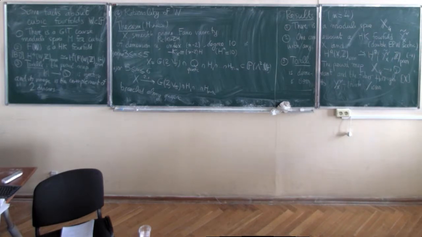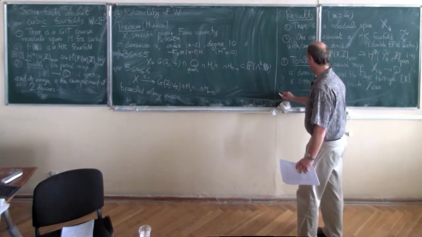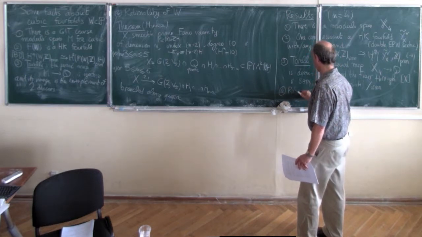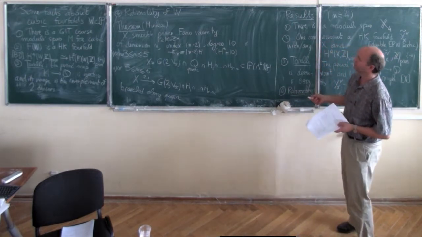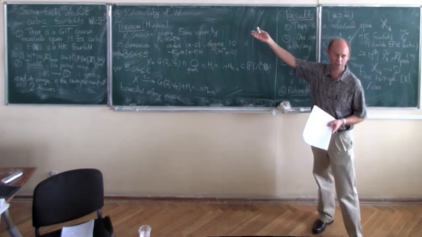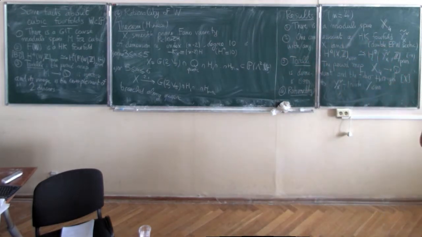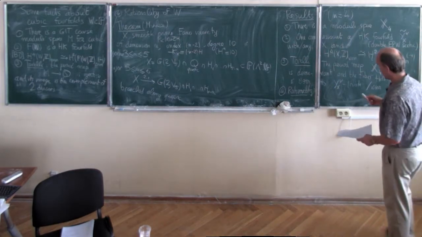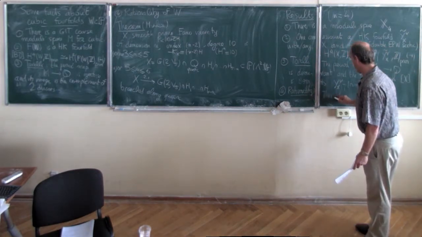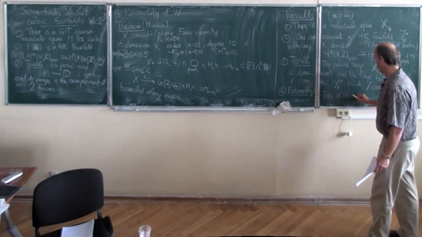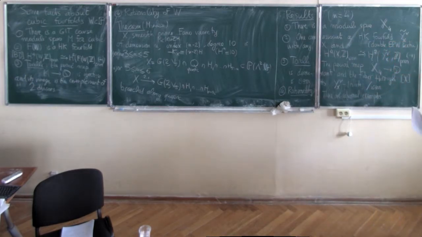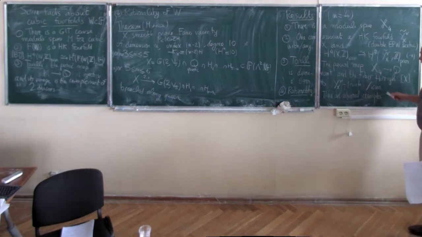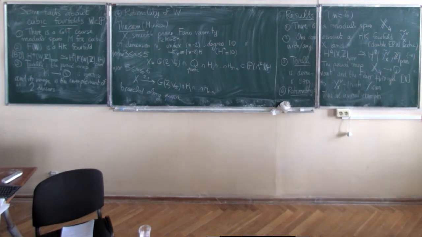Okay, what else? Rationality problem. This is an interesting question, but it's very related to this one, and since we don't know how to answer this first question, we don't know how to answer this other one. I can still say that there are rational examples. This is a very old construction, and again, we expect that a general Mukai fourfold is irrational.